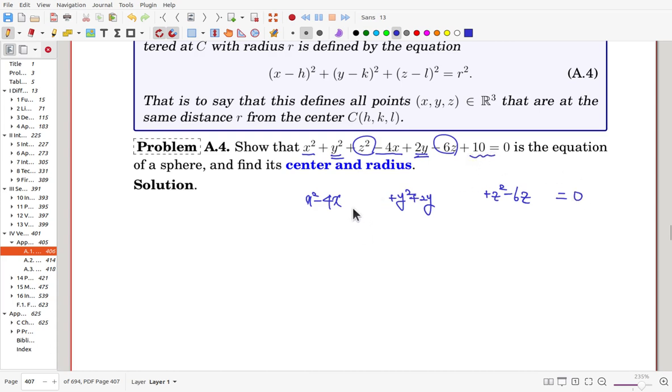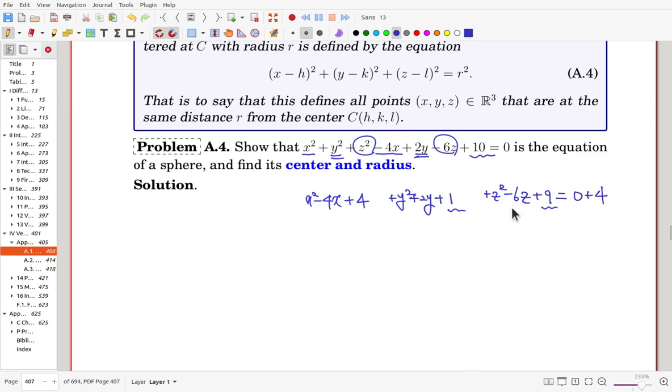To transform these terms into perfect square form, we need a constant 4 for this one, 1 for this one, and 9 for this one. Now 1 and 9 will become 10, but a 4 is added extra, so we have to add 4.